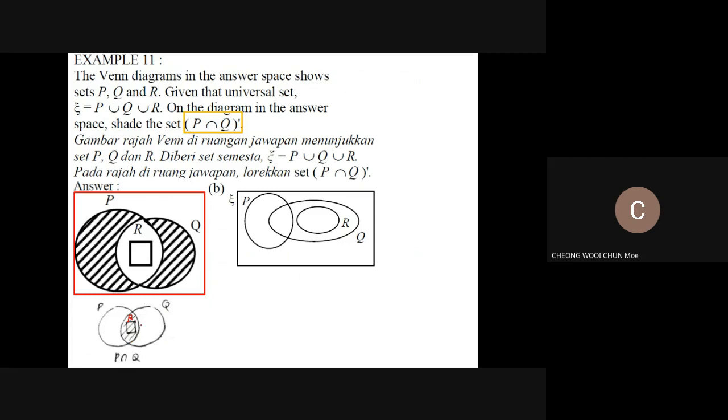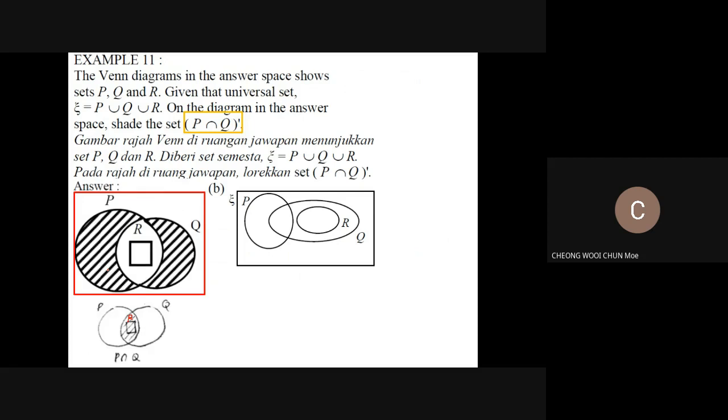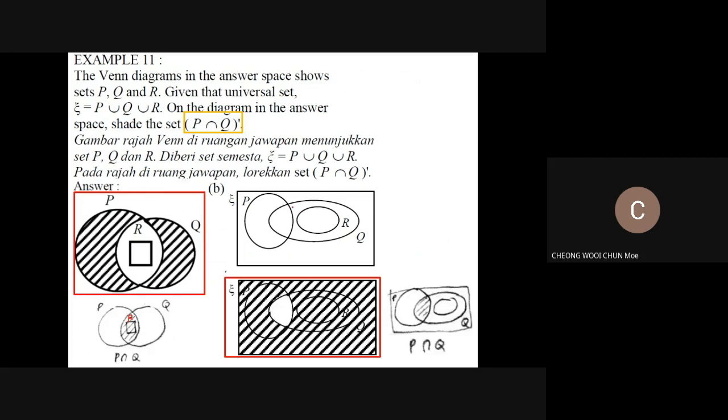Then the complement is outside of this one. Because there's no universal set here, the answer is only this. If there's a big box, it must include the box.